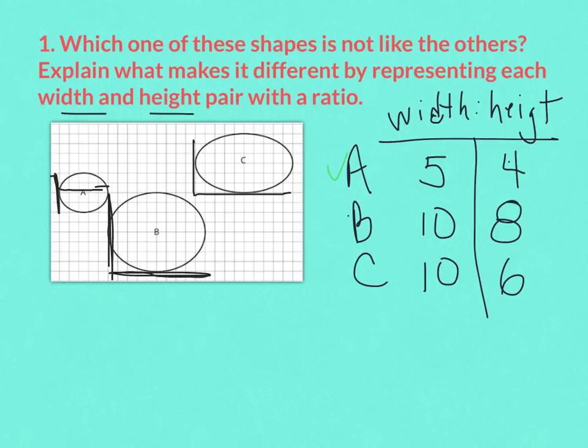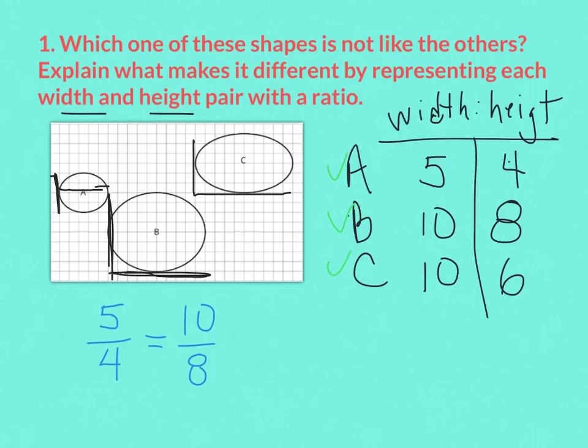each of these three shapes, A, B, and C, now that I've put them in a nice chart, and see which two of these is proportional. It should be fairly obvious, but I'm just going to set up a nice way that you can see it. If I set it up like this, 5 to 4, and I want to say to myself, is that equal to 10 over 8?